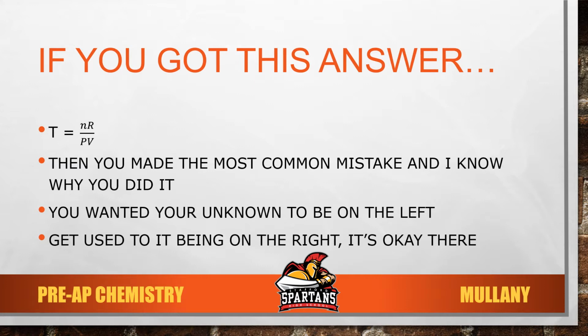The reason I do see this fairly often, and the inclination for people is to always kind of have their unknown be on the left, so T is equal to something, something, something. And because of that, people end up, the T was right here, right? And so T, you moved it to the left, and then you did your manipulation the way you're supposed to.